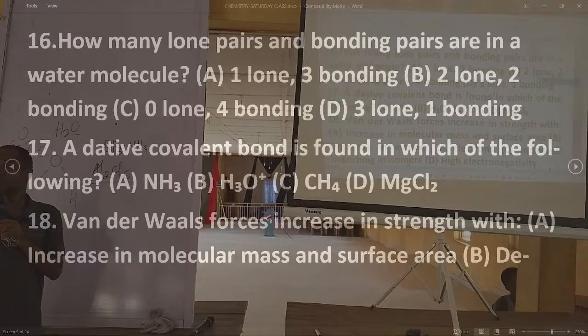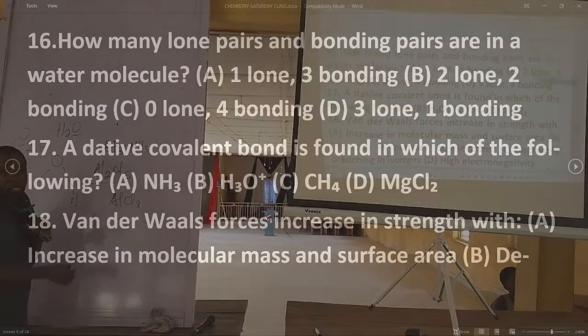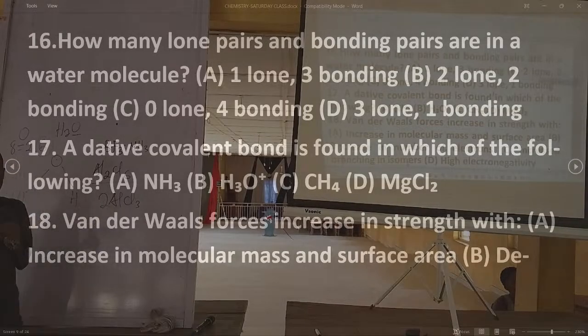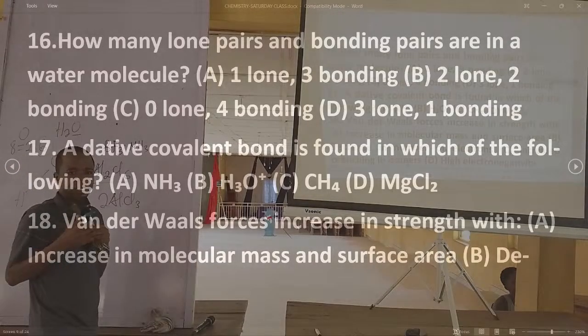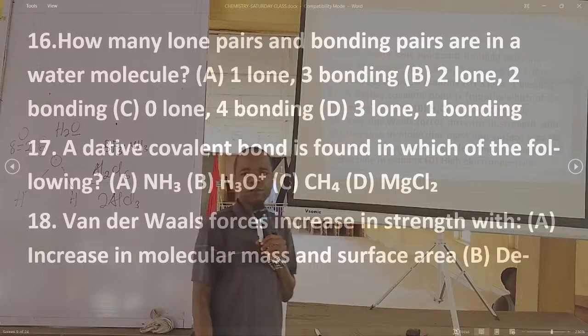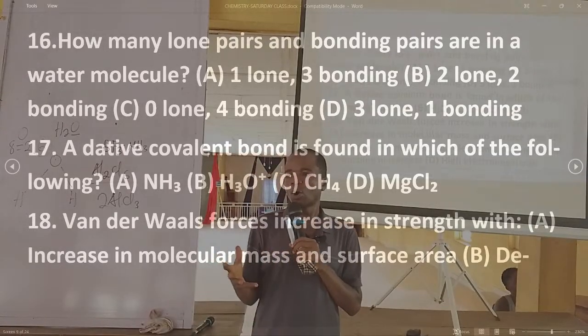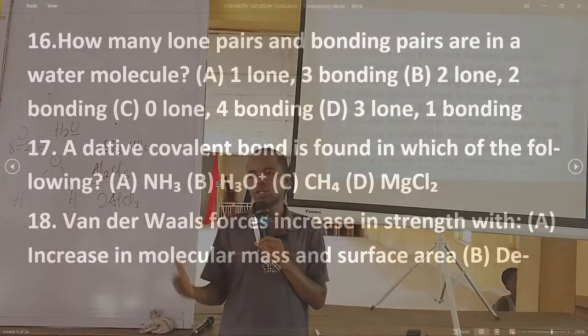Even from the word dimer, it means two. So this is aluminium chloride, AlCl3, and dimer means 2 moles of that. So Al2, and then 2 times 3 is 6. So these are examples of compounds that possess a dative bond.